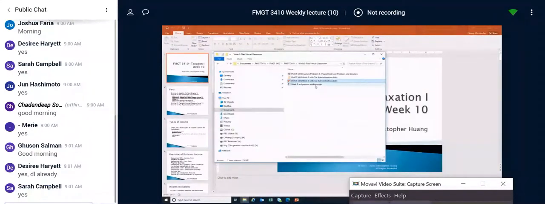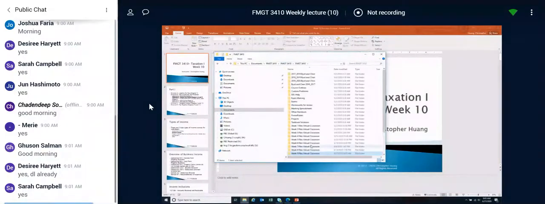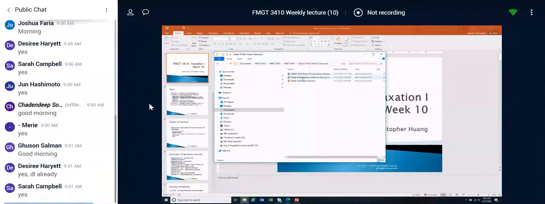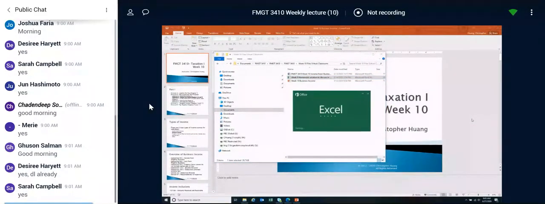And then for the walkthrough, just go through it. Now, how was the homework?